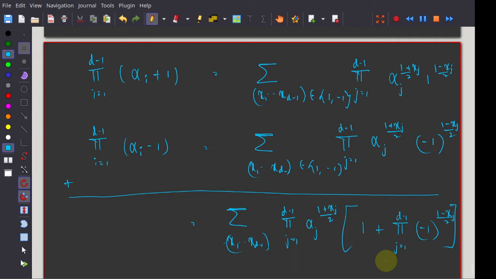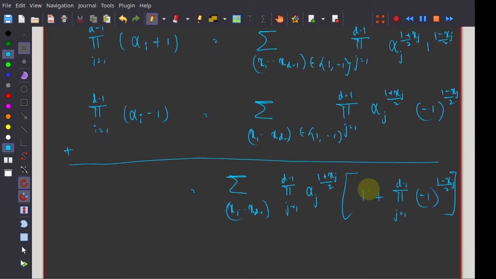Correct? So this would correspond to this particular term, whereas this times this would correspond to this particular term.